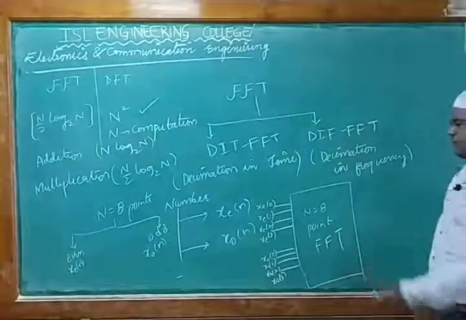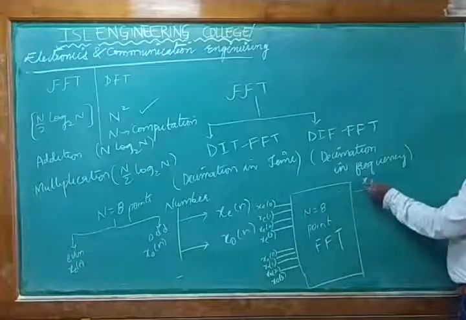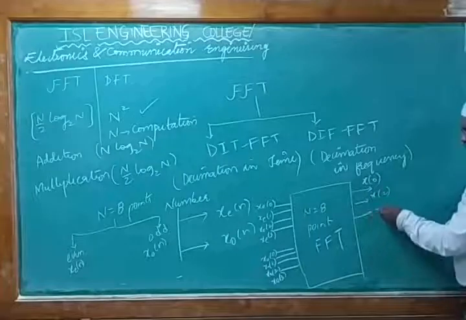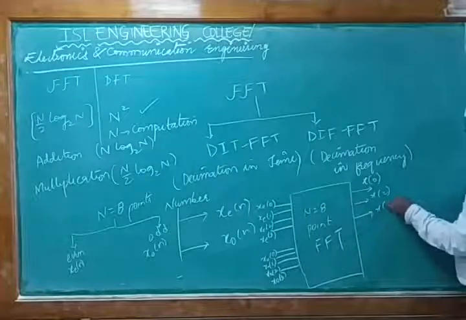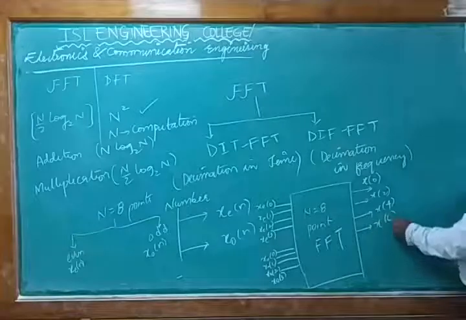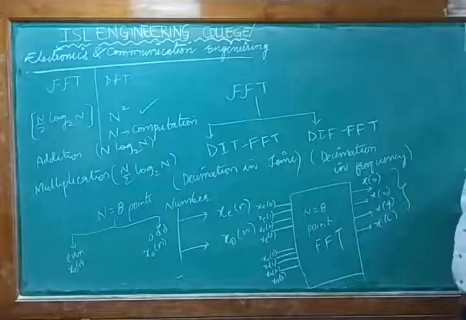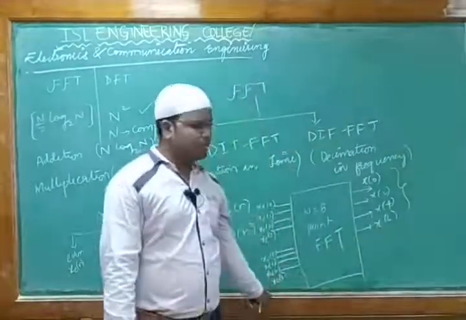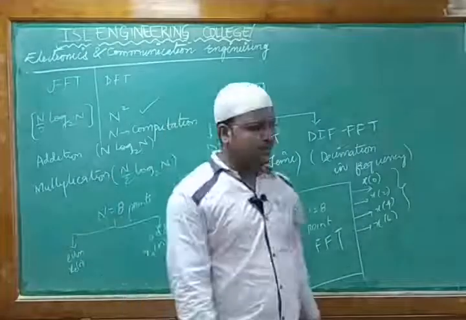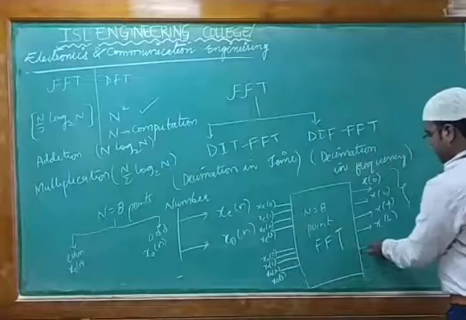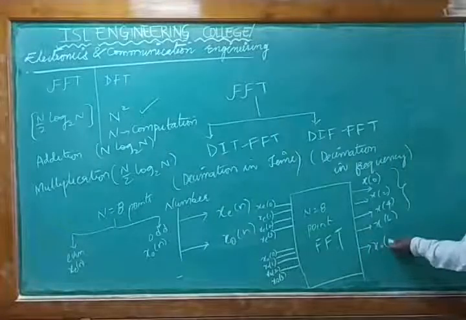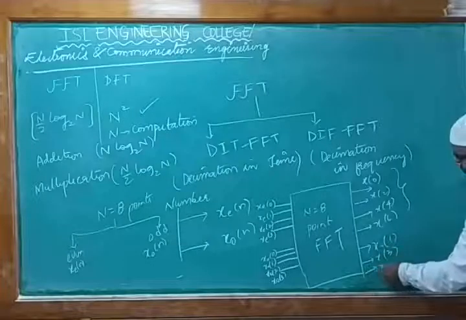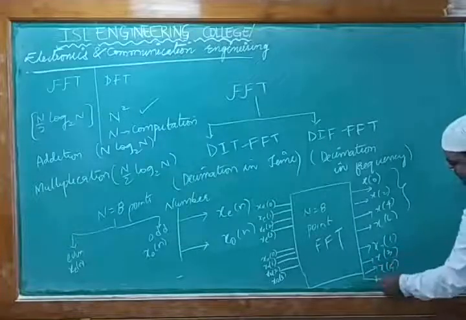So what does the even component mean? What is the even component value? X of 0 is an even number, X of 2, X of 4, then X of 6. These are even numbers. How do we write the second one? We are converting into odd components. So what are the odd component values? We write XO of 1, X of 1, X of 3, X of 5 and X of 7.